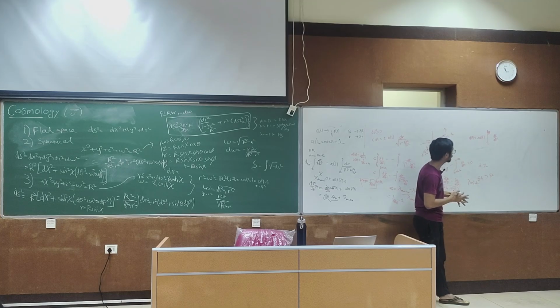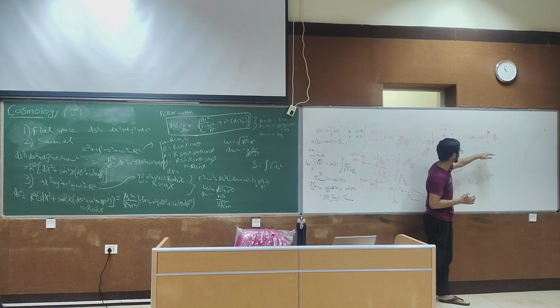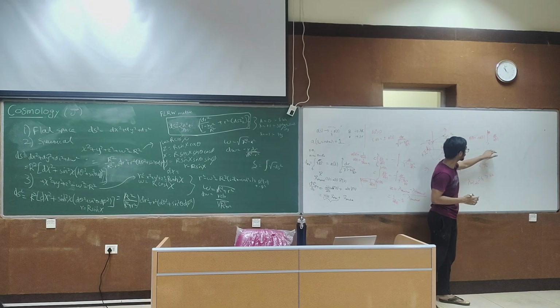And obviously, as you can see, it depends on what form a of t is. If a of t is, say, t squared, for example, then this integral diverges near 0, right?